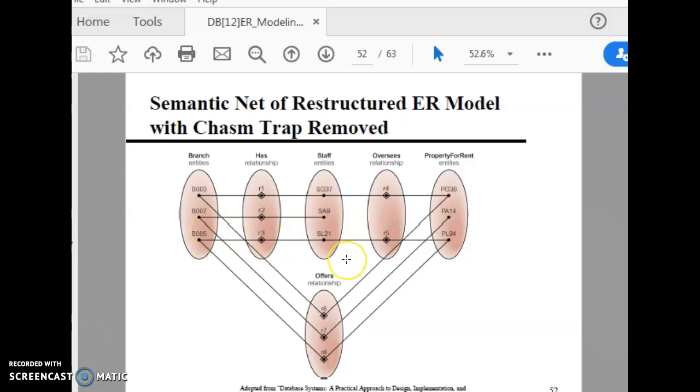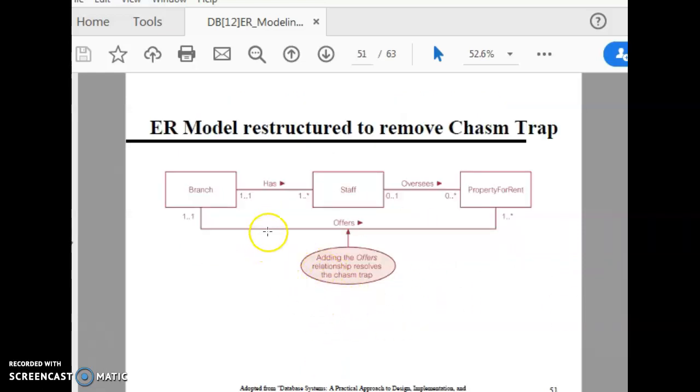And also you can observe here how to take multiplicity for the offers relationship between branch and property for rent entity types. This is where we have added the offers relationship between branch and property for rent, and these are the multiplicities we can see here. How are these added? Take minimum cardinality values between branch and staff. This is minimum 1 and this is also minimum 1.